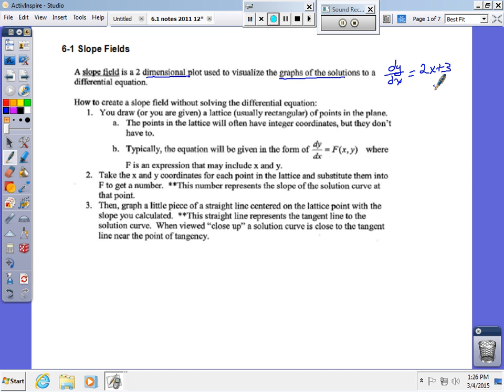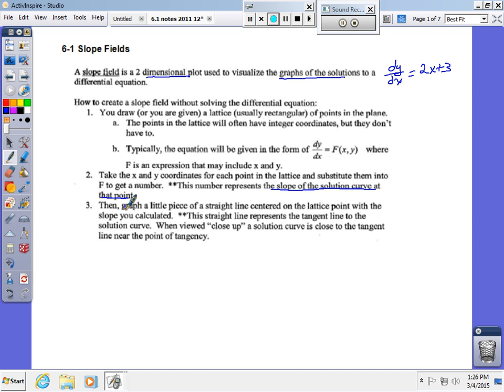Well, the slope field that's on your notes basically gives the visual representation of what the actual function would look like, and those little dashes represent the slope of the solution to the curve at whatever point that's at. I'm not going to read through all these directions, but I'll show you basically what's happening here.